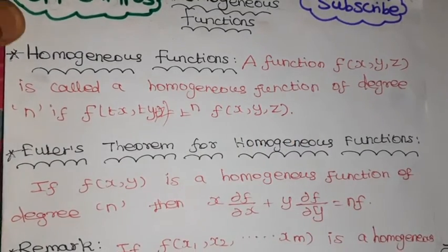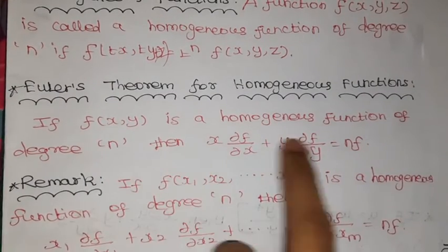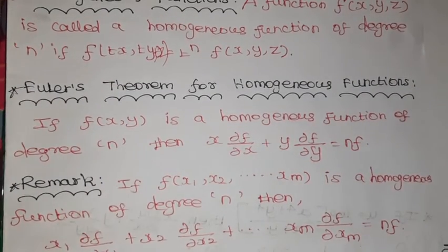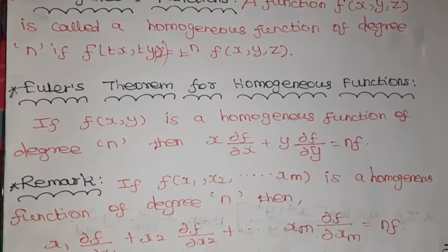Then Euler's theorem for homogeneous functions. If f of x comma y is a homogeneous function of degree n, then x dou f by dou x plus y dou f by dou y equals n f.